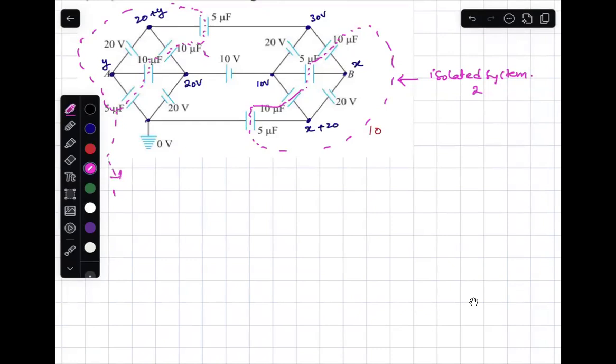And this is isolated system 1. Right. Now you have two nodal points. Now you take the nodal point for isolated system.